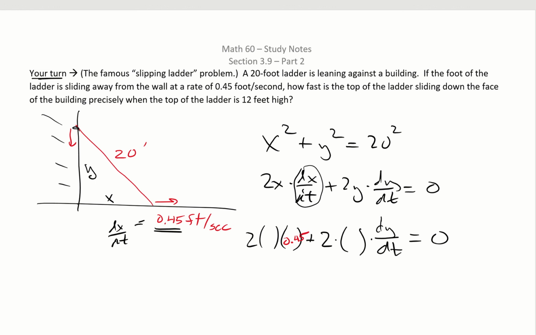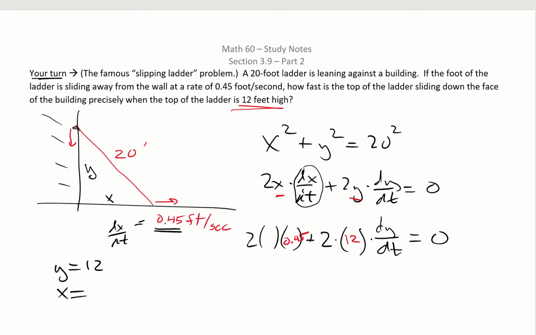But the other two, I need x and I need y. These depend on the moment they're talking about, and they're talking about 12 feet high. The moment the top of the ladder is 12 feet high. What that means to me is when y is 12. So we still need x, but we know that y is 12 here.